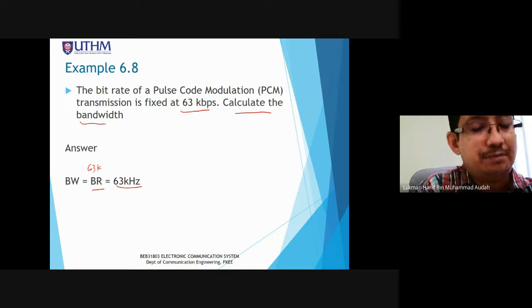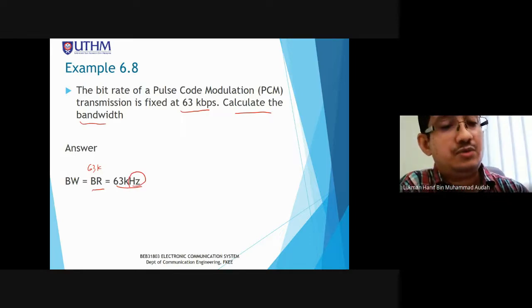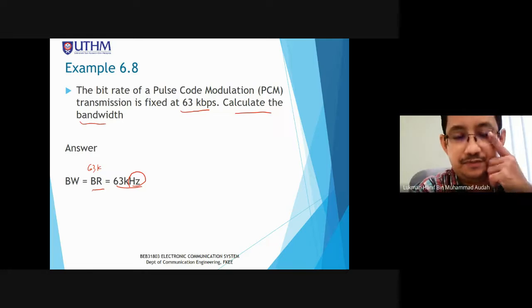So therefore the bandwidth is 63 kilo, but the unit is hertz. Ingat, unit untuk bandwidth mestilah dalam sebutan hertz.